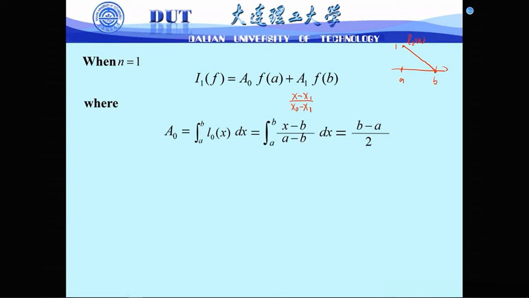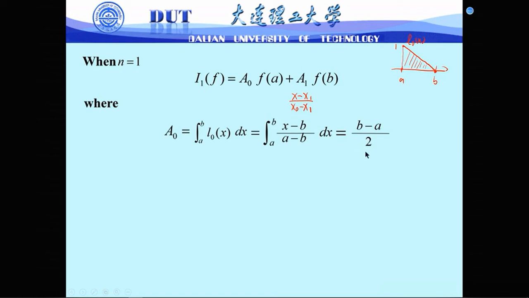So we know the area of this triangle should be (b minus a) over 2, because the height is 1. The length is b minus a, so the area is height multiply length over 2. It's okay? This is just the area or the integral.